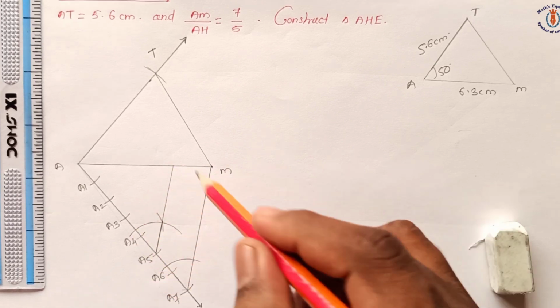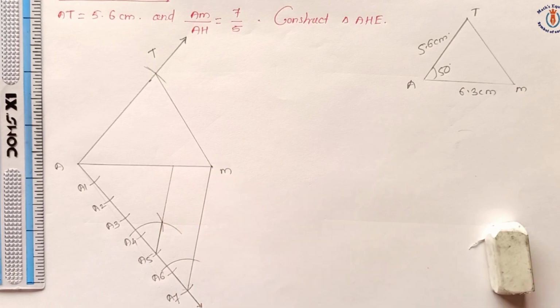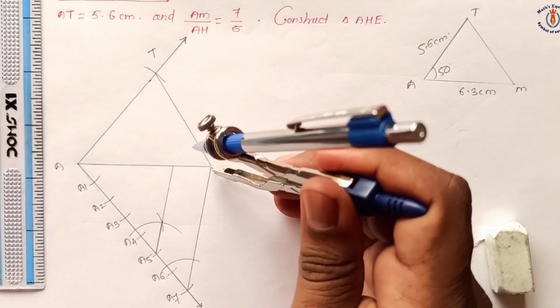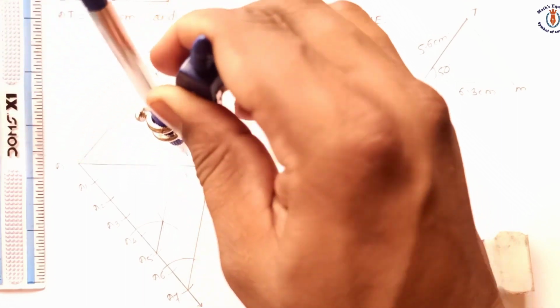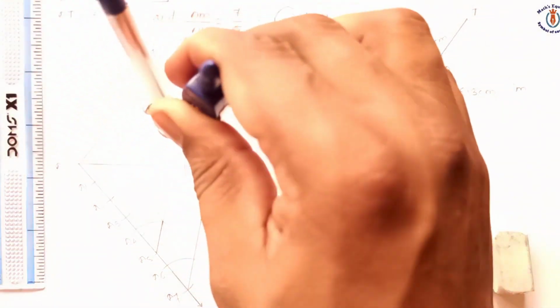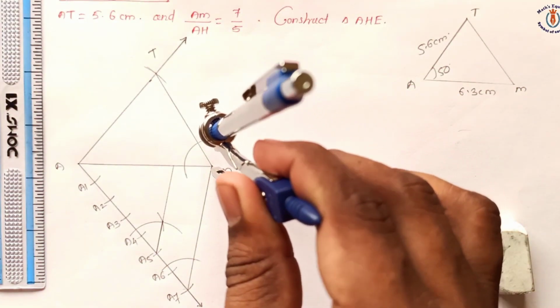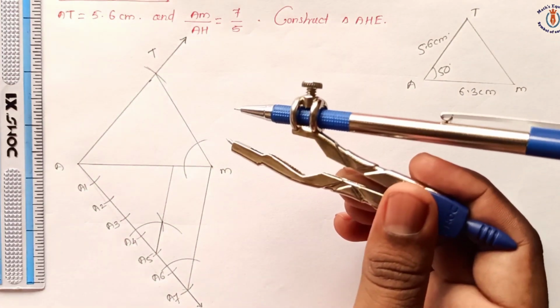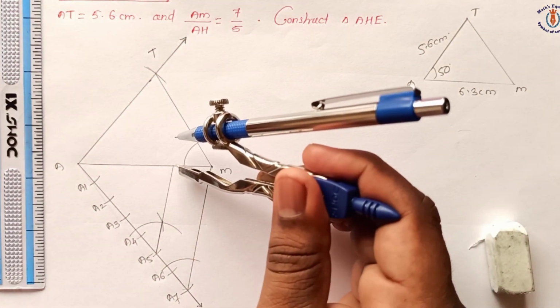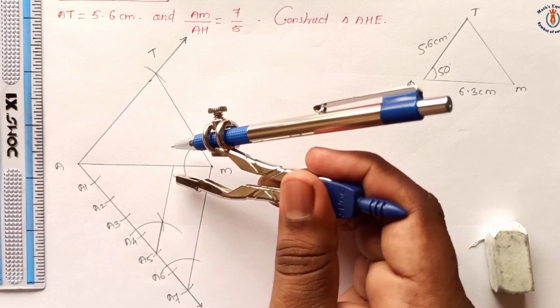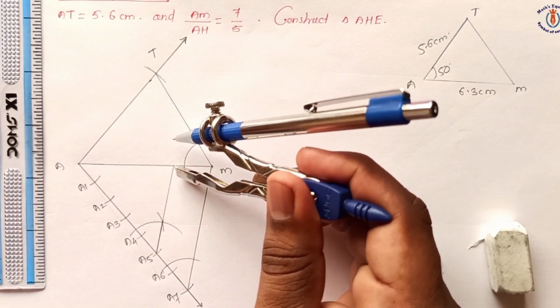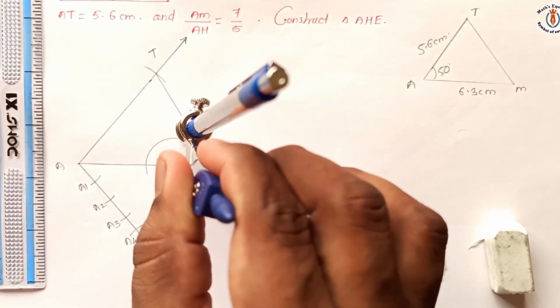So a similar procedure we are going to repeat here. Keep that compass on point M like this, take a sufficient distance and make one arc like this. Look at this. This is the one arc. Now don't change the distance, keep this compass on this line here, and make a second arc like this.